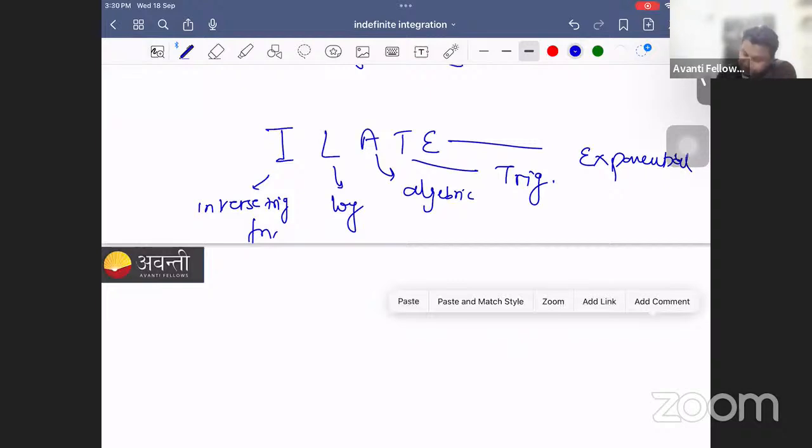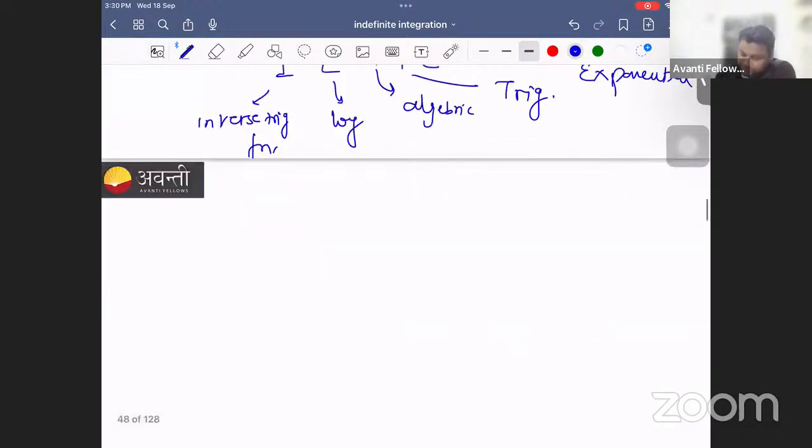Now, like you want to integrate x cos x. So which function should I assume as first function? Algebraic first, trigonometric second. So it is first integration of second.